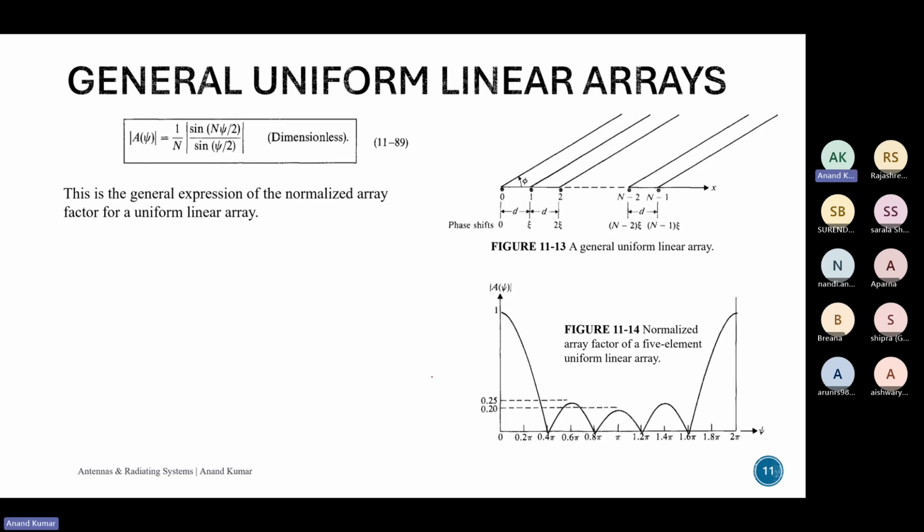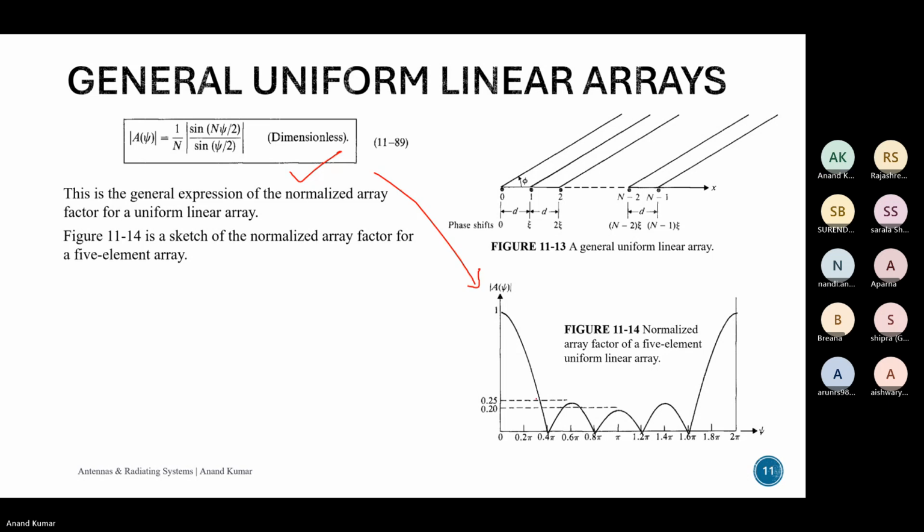So this is the general expression for the normalized array factor, and we have sketched this expression over here. We'll get into details of this figure in the coming slides.